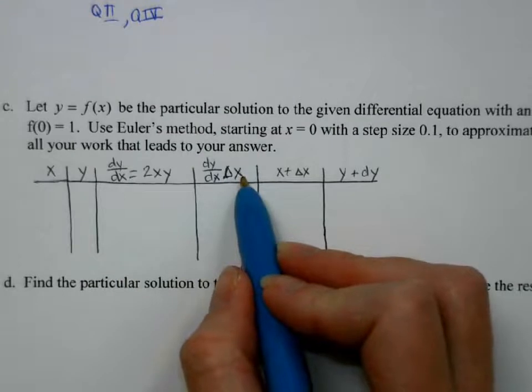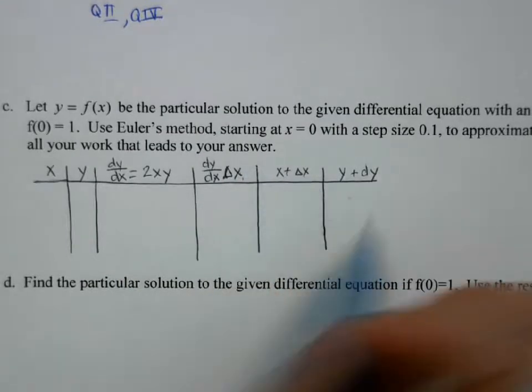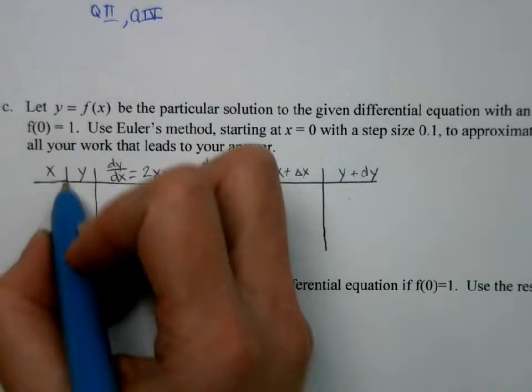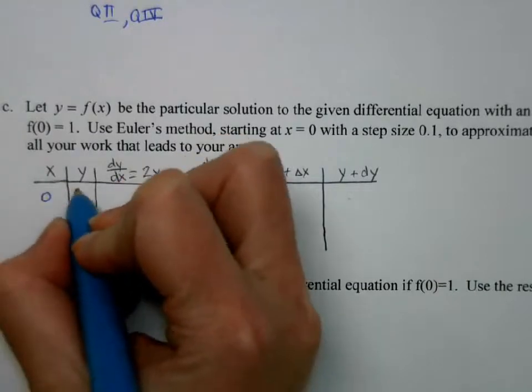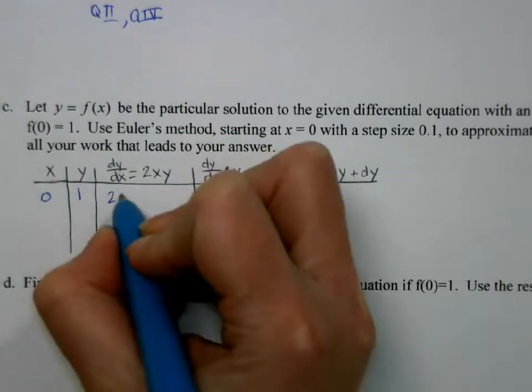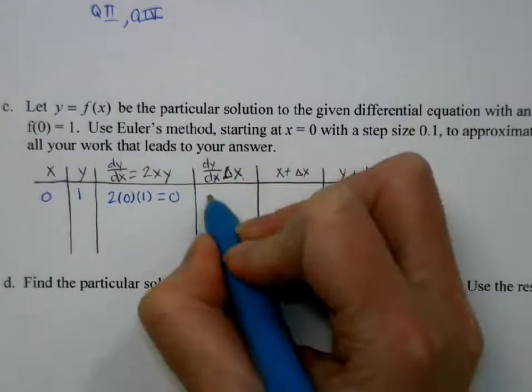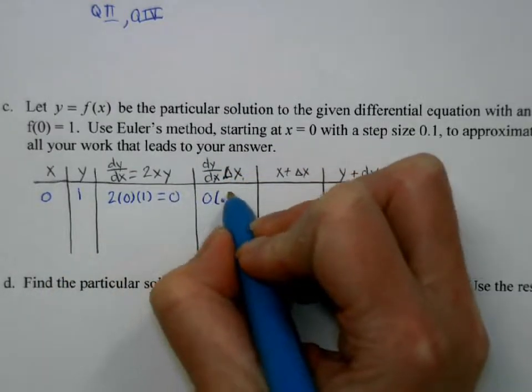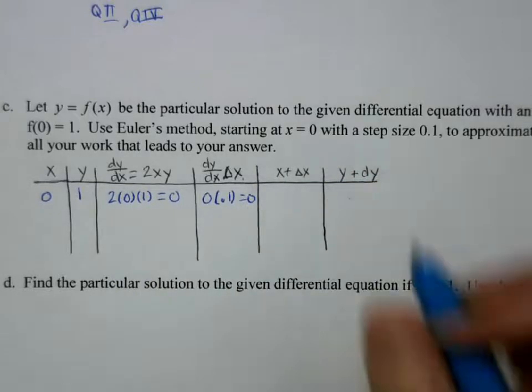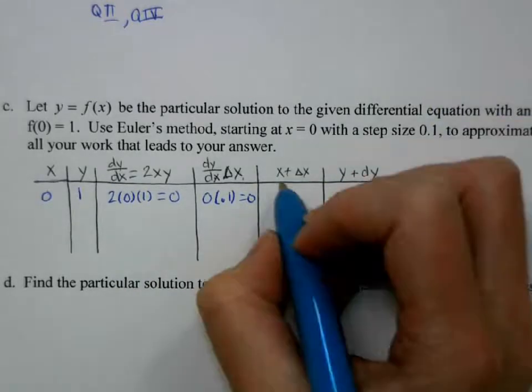So our starting point is 0, 1. So if I do 2 times 0 times 1, I get 0. 0 times my delta of 0.1 is 0. My new x is going to be 0.1. My new y is still going to be at 1 if we have a slope of 0.